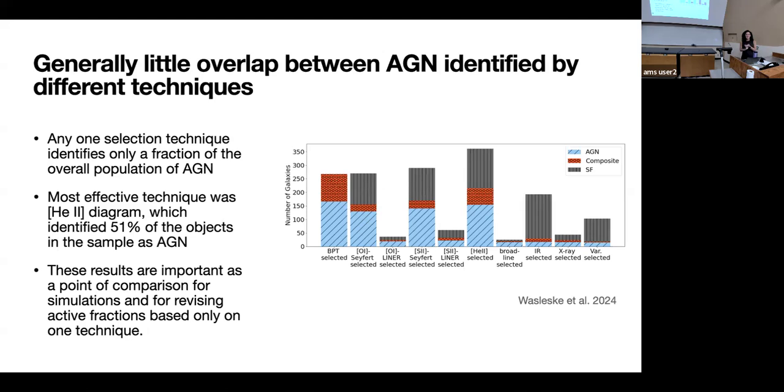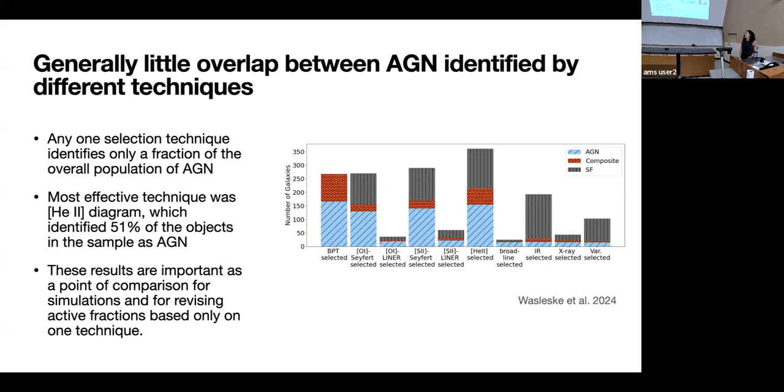So the best technique was actually one that looked at helium-2 emission. And that one only identified about half of the sample as having an active galactic nucleus. So this is just a bar chart showing how different objects are identified by different techniques, and showing that there's not a lot of overlap between all of these different selection methods.